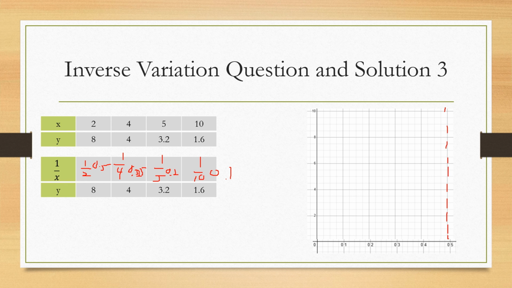1.4, 0.25. So each box 1, 2, 3, 4, 5. So I go say 0.22, 0.24, and this will be 0.26, 0.28.